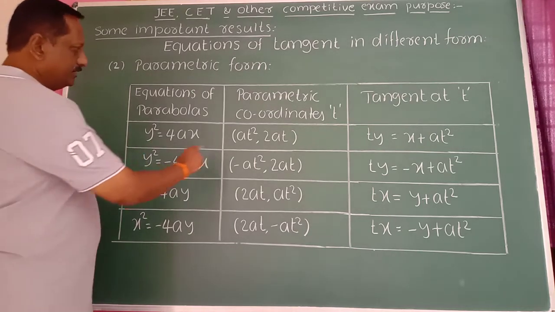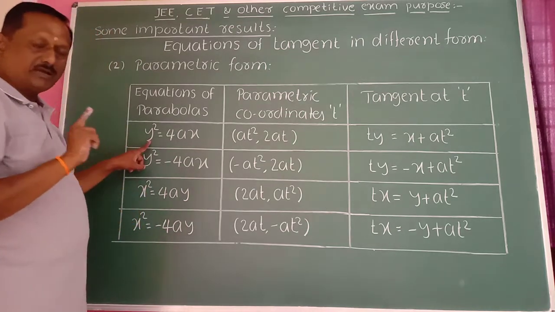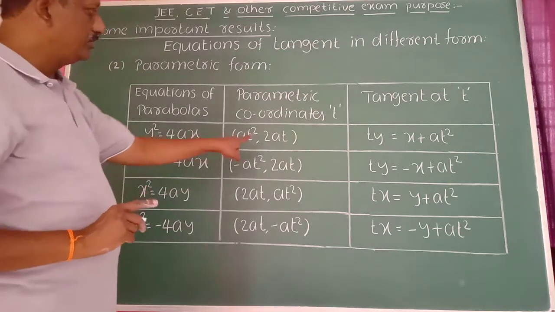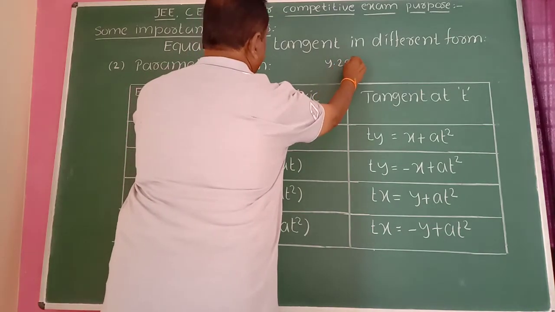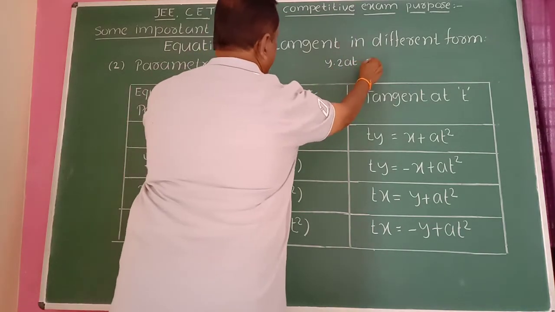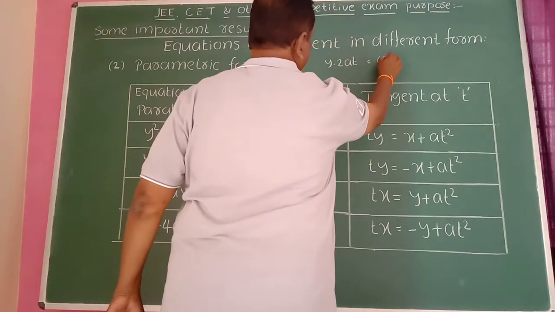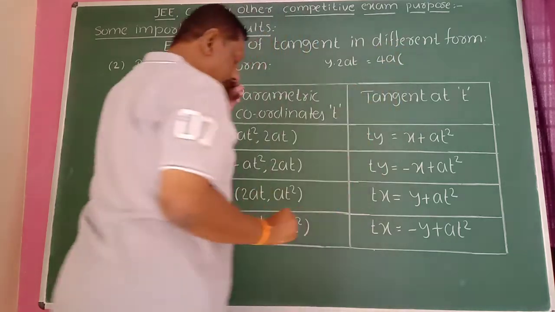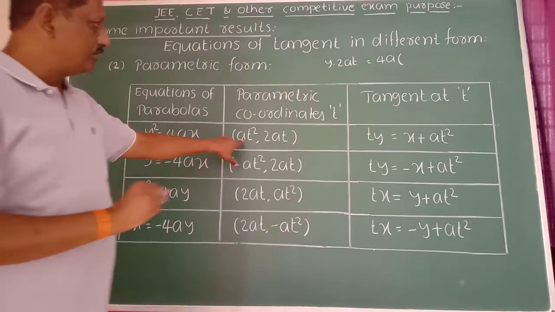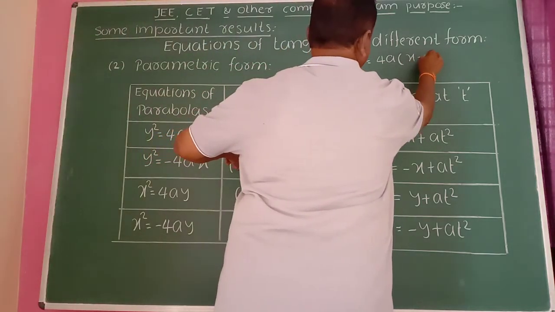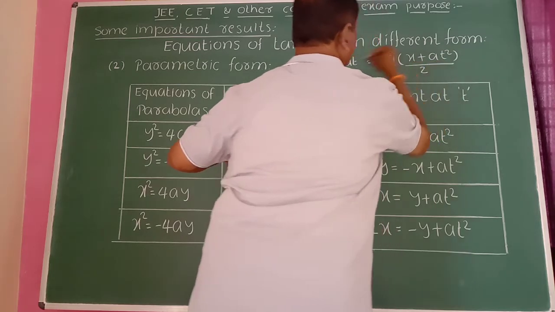Just look here, this is x1 and this is y1 here. Replacing y square by y y1, y into this one. Okay, just look here, y into 2at. Then this equal to 4a, keep as it is here, 4a. Replacing x by (x plus x1) by 2. x1 is this here, so x plus at square divided by 2.